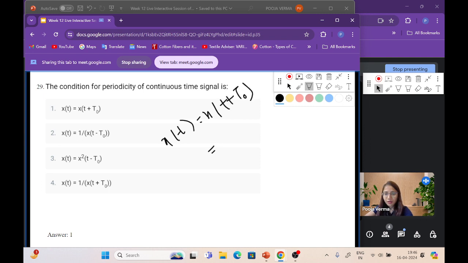If it repeats at a certain time period t naught, then the signal is called periodic, and this is the condition of periodicity. So option 1 is the correct answer for this question. This is the condition of periodicity of any signal. Moving to the next question.